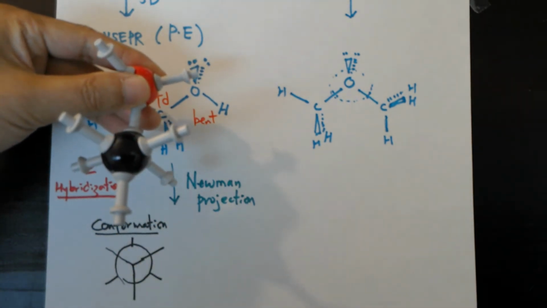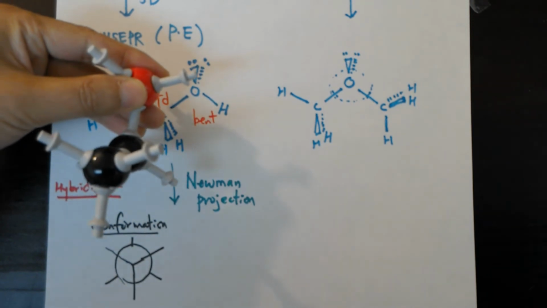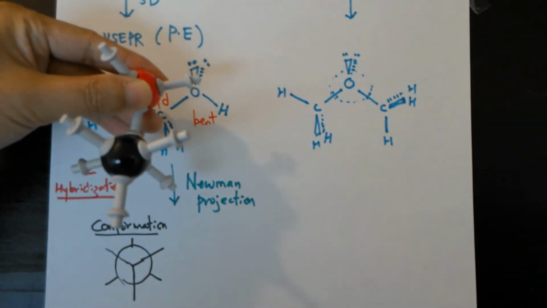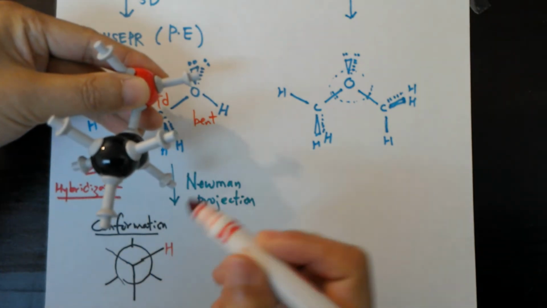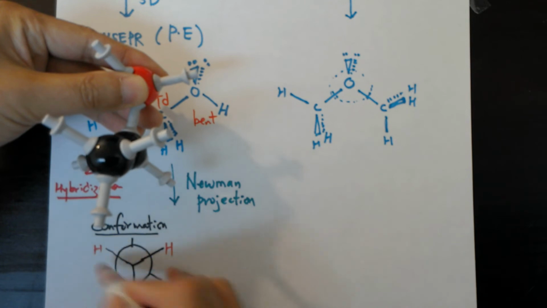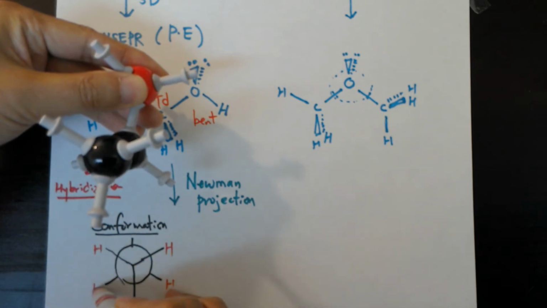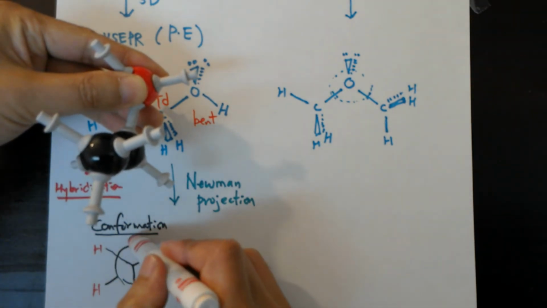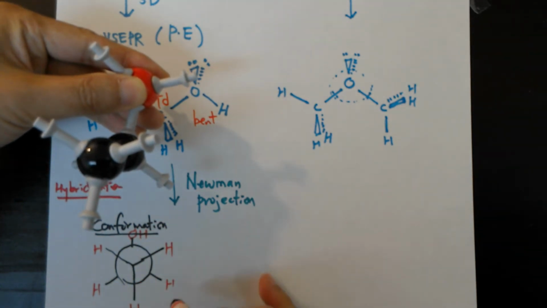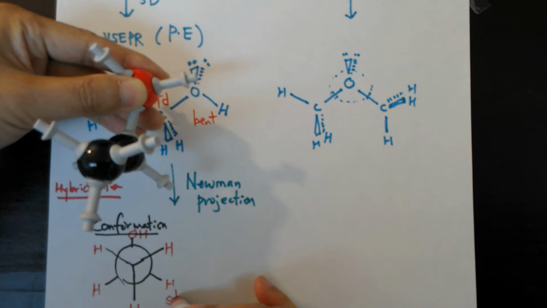Then you can put the groups and atoms in position. This is a hydrogen. I didn't put a white ball, but I assume that's hydrogen, hydrogen, hydrogen, hydrogen, and hydrogen. Then up here you have oxygen and hydrogen, like that. That's staggered conformation, the more stable one.